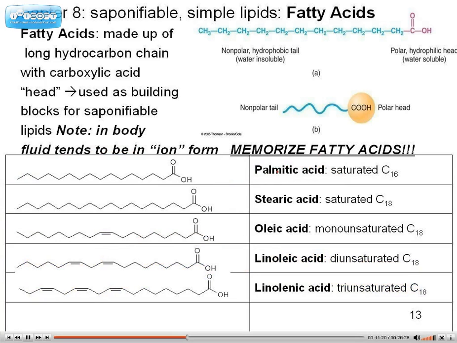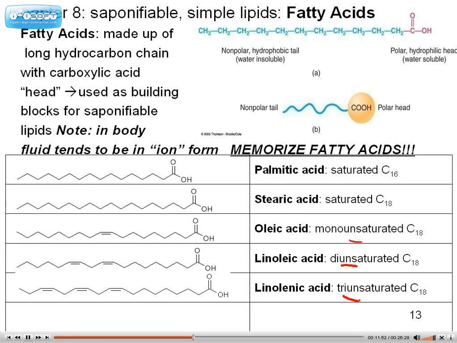And finally, although I'm not testing you on this other form of naming, nutritionists have their own way of categorizing these fatty acids, and they could classify it as the monounsaturated or diunsaturated or the triunsaturated this way.